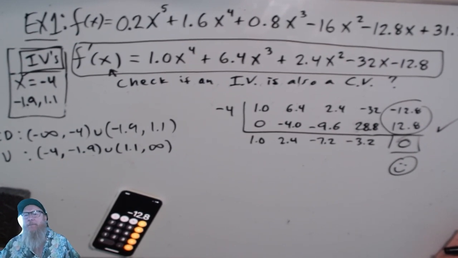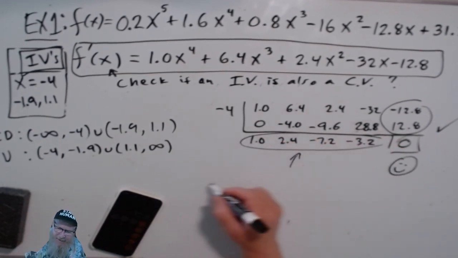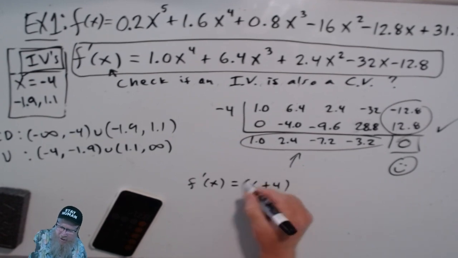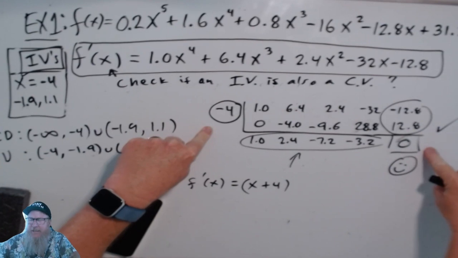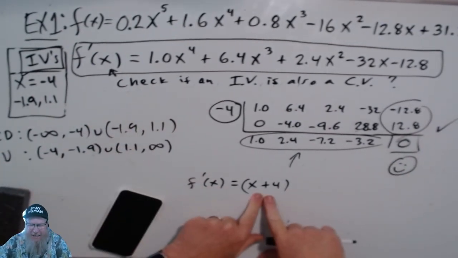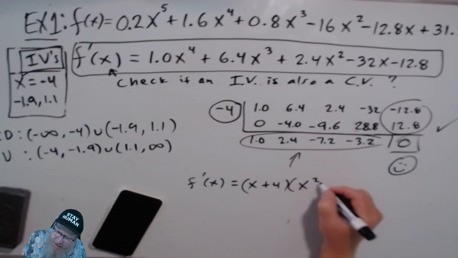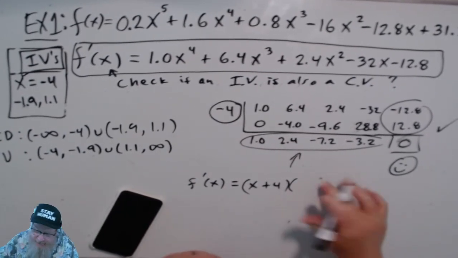All right. So now what I have: f prime of x is x plus 4. Remember, if -4 is a critical value, then the factor is x plus 4. And then I have x squared, or 1.0 x squared. You want me to just write it all out so it looks clean?